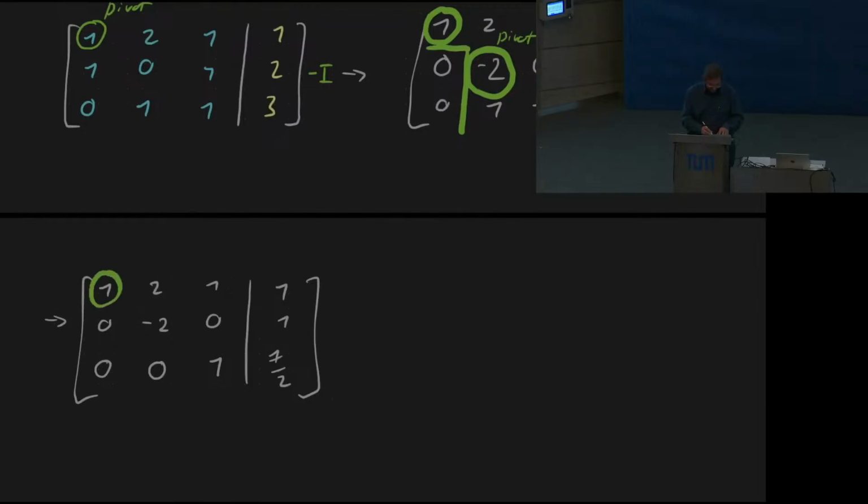Now we have this pivot here, this pivot here. There's our staircase. Well, this is the last row, so we can just complete the staircase. And this is the last pivot element. Right, so again, there's a pivot here, but nothing to do anymore because there's no more rows below that.